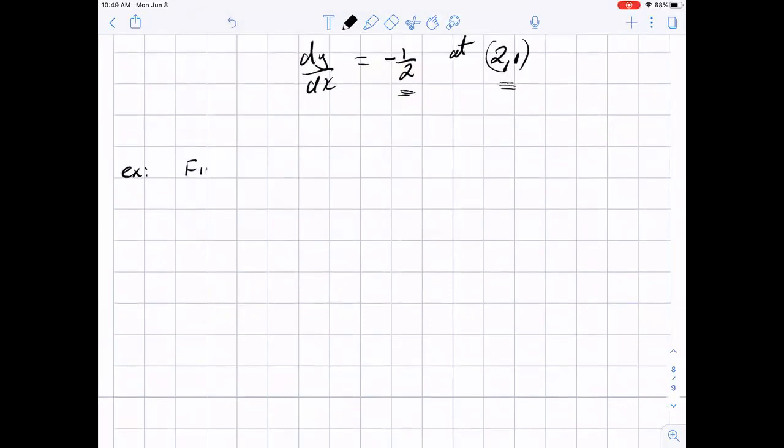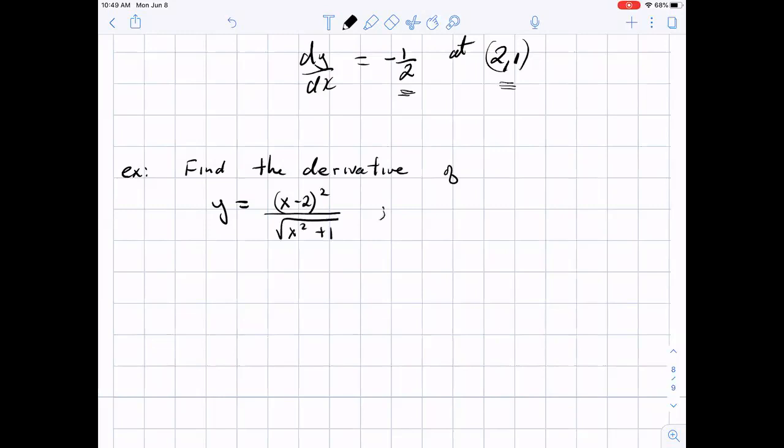Find the derivative of y equals (x minus 2) squared divided by the square root of x squared plus 1. And you're given that x cannot be equal to 2 in this case.